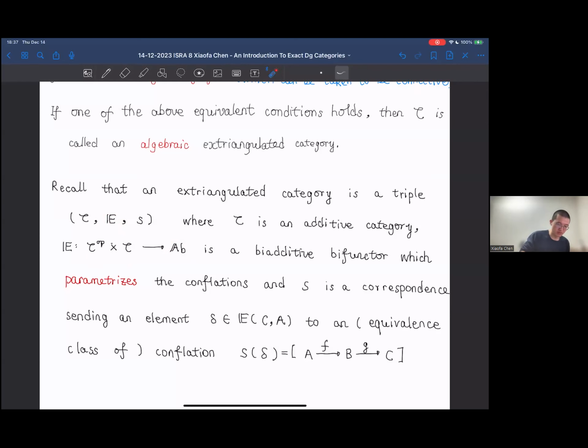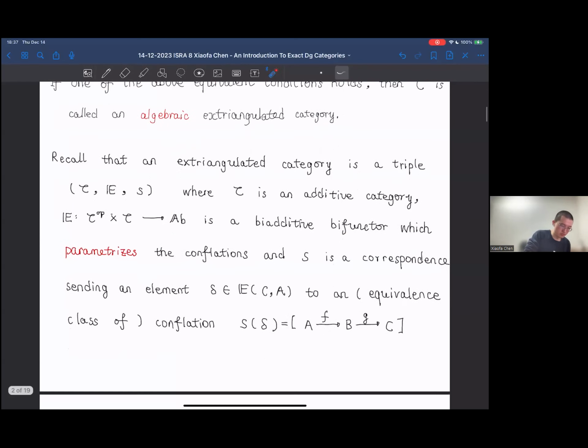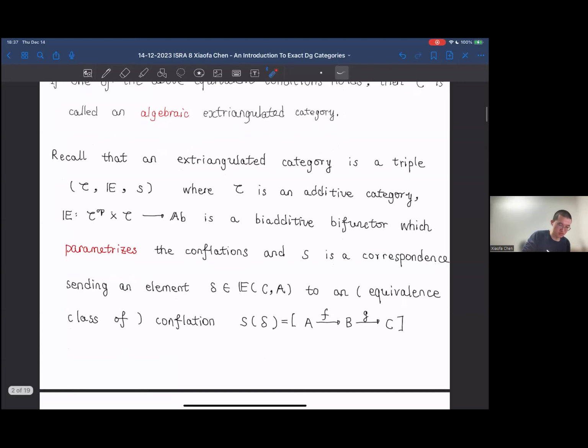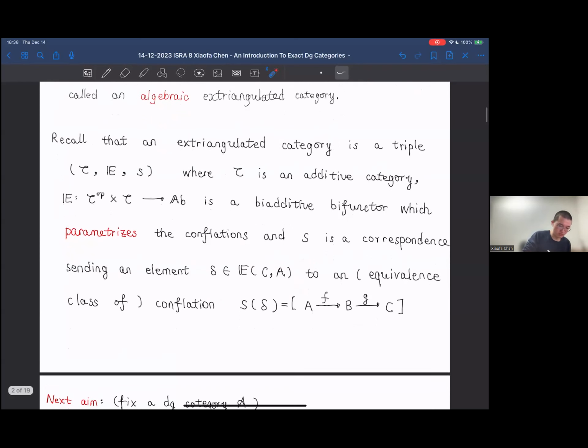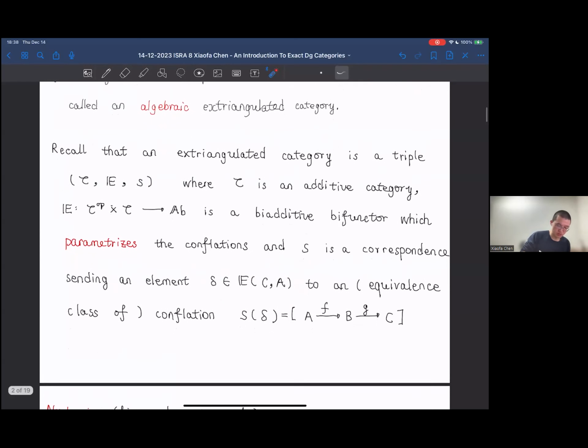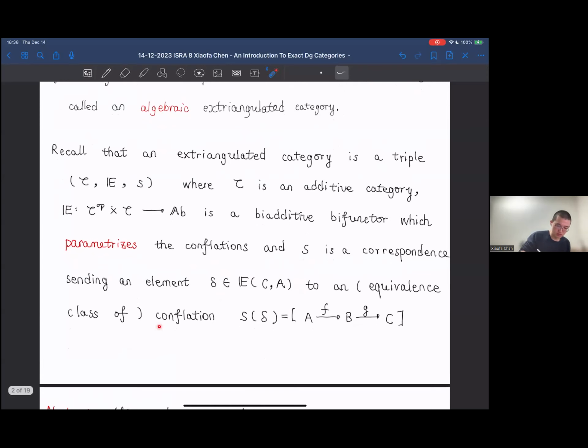And this bifunctor is aimed to parameterize conflations in C. And s is a correspondence that sends each element in the abelian group to an equivalence class of conflations in C. Recall that two conflations are equivalent whenever there is such a diagram.